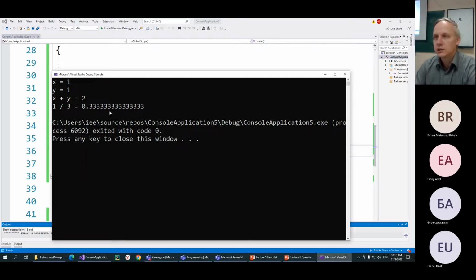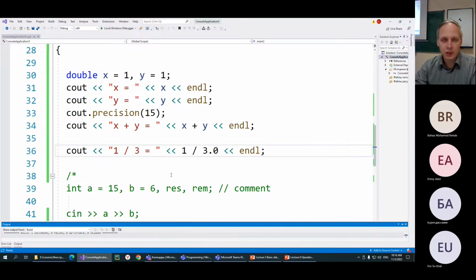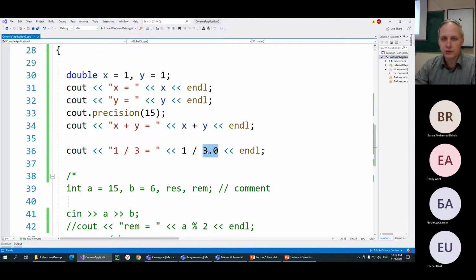3.33333, and in mathematics, again, this sequence of numbers will be endless. In computer, this sequence has a finite fixed number of digits. Okay, so there you can use this point, but moreover, you can write this number as just 3 point.